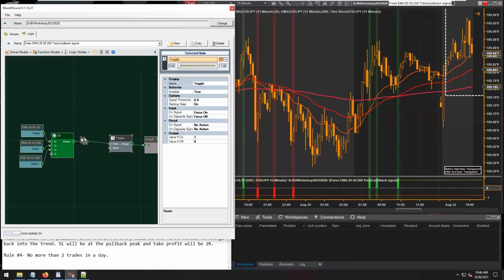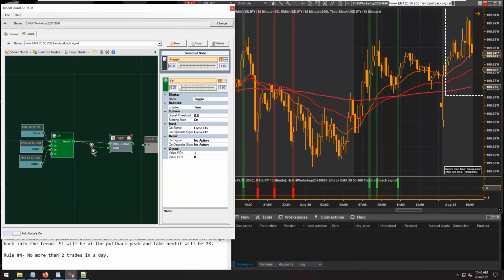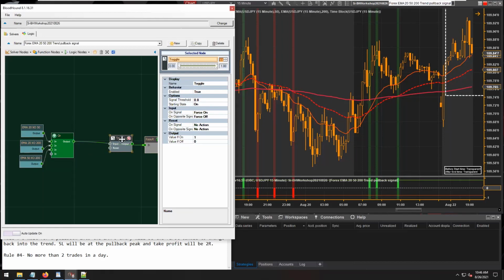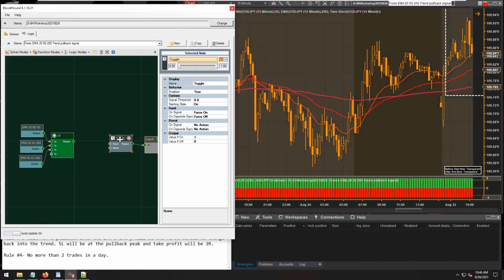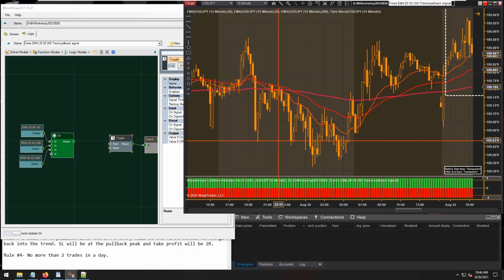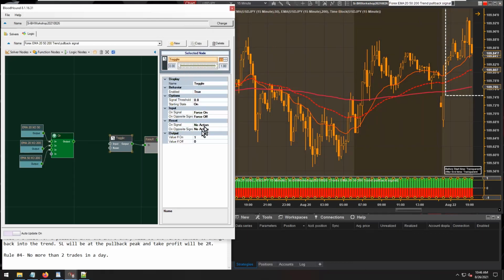And if there are, let's see here. So if we look at the toggle node, right, the toggle node starts in an on state, right? So we can see that there's a long and a short output there. So it starts with the starting state, we set it to on, right?